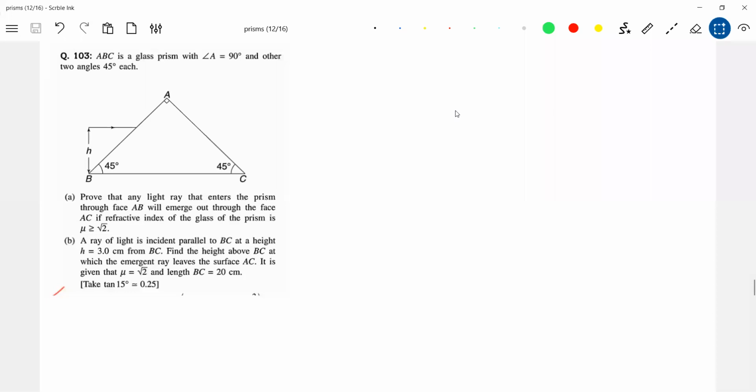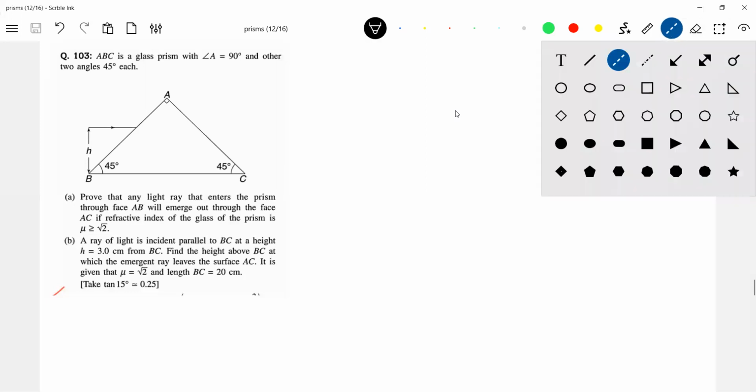Take pen and notebook and start drawing the diagram. I think you have to define at what height it will leave. So what will happen to the ray inside? I'll draw the diagram.